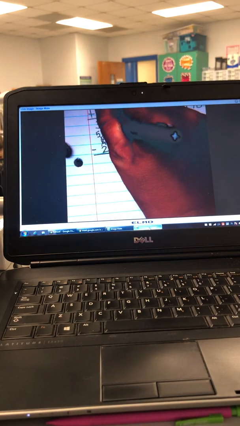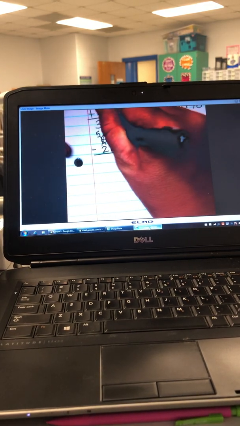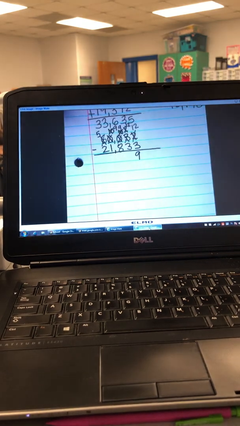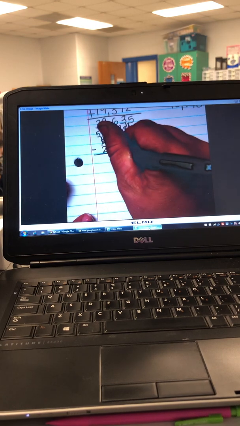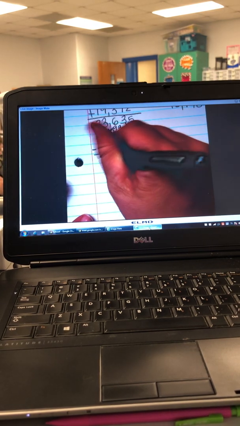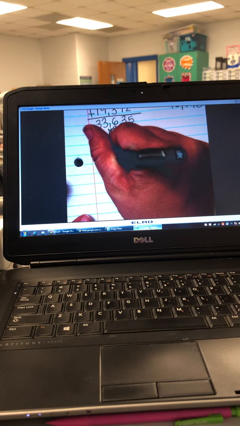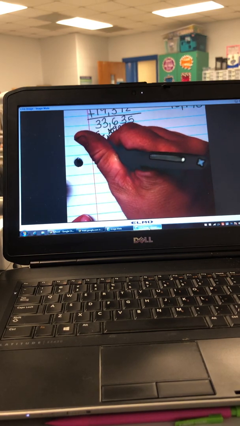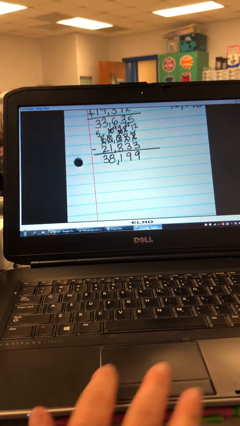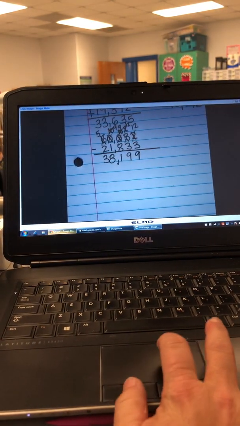Change this 10 to a 9. Change this 0 to a 10. Now do I have something to give my 2? I change this to a 9. Change this to a 12. 12 minus 3 is 9. 9 minus 8 is 1. 9 minus 1 is 8. 5 minus 2 is 3. Count over 3 spaces. 1, 2, 3, comma, 38,199.